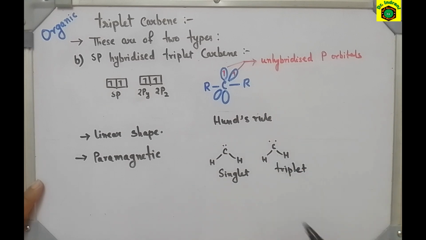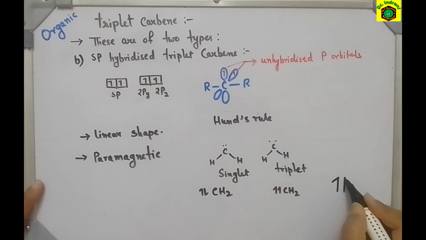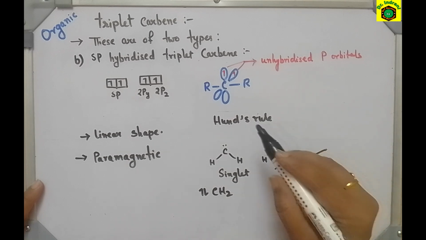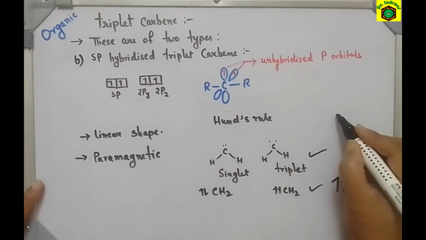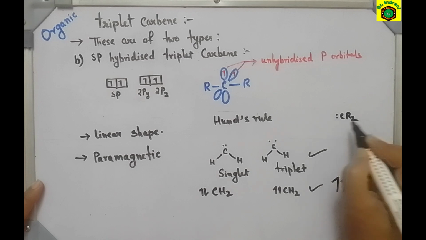Or singlet you can show in this way also, CH2 with both electrons having this spin, and for triplet the electrons have this spin, meaning parallel spin. So either this or this, any way you can represent. Generally, when writing reaction mechanisms, we show carbenes this way only.